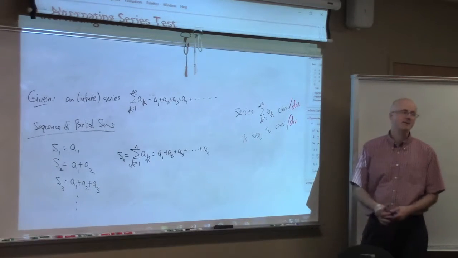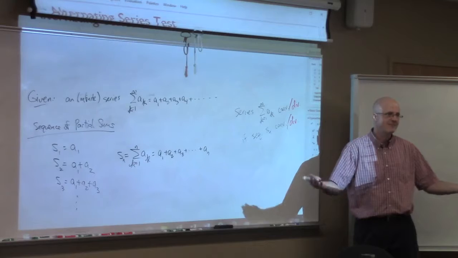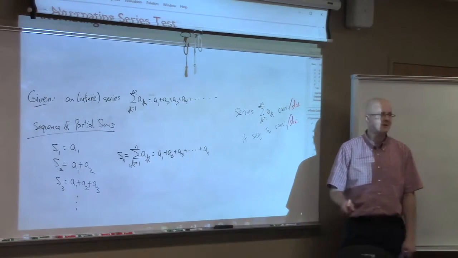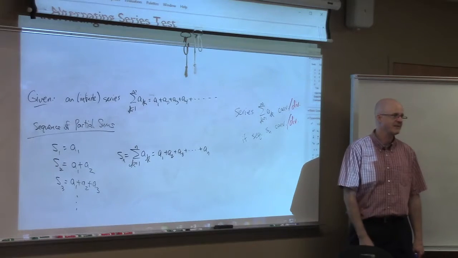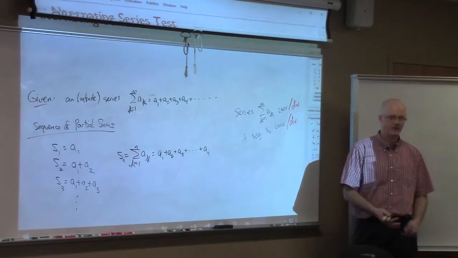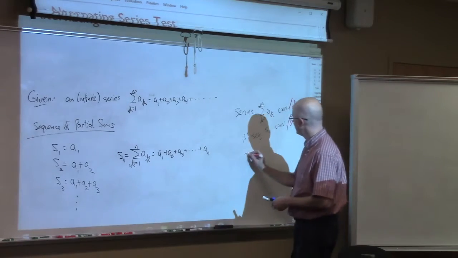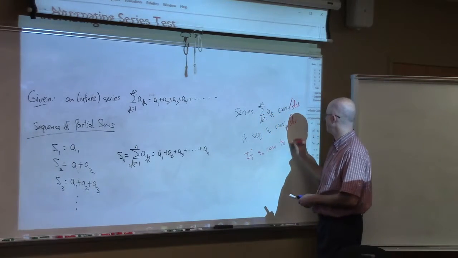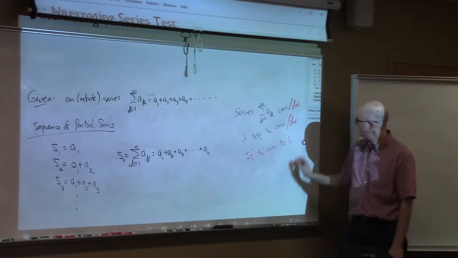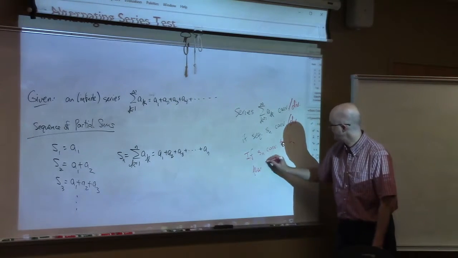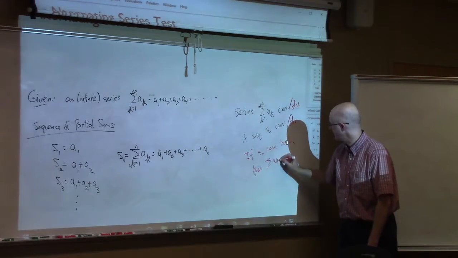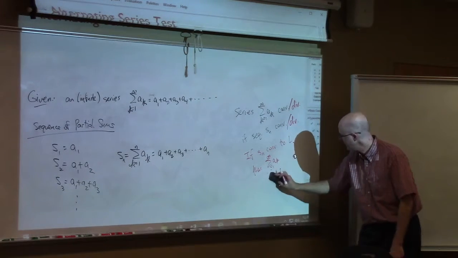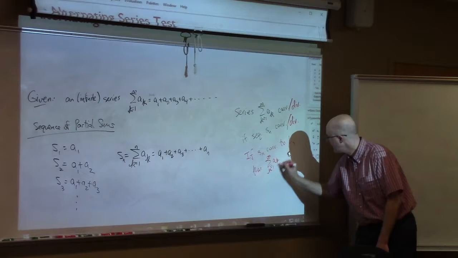If the sequence of partial sums converges, like to 20 or 30 or whatever, the corresponding series is said to converge to the same thing. And we even write that it equals the same thing. If Sn converges to a number, call it L in general, then the series also converges to L. This is a K here.